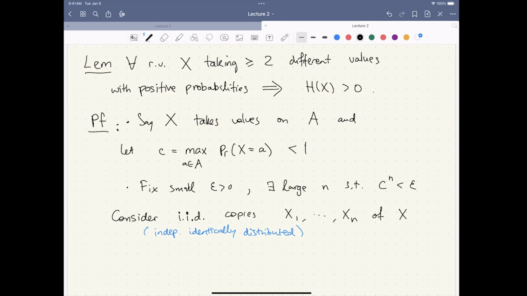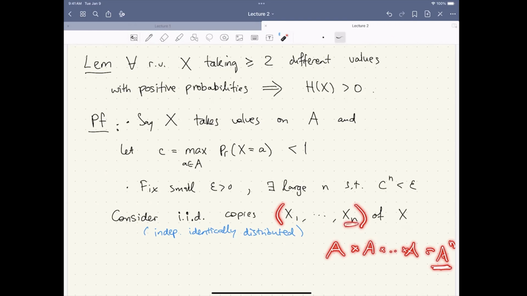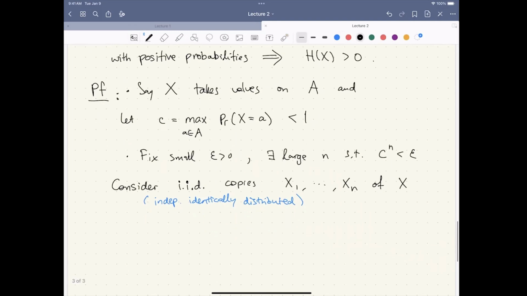So if you consider this random vector X1 to Xn defined now over A cross A cross A, n copies, let's call it A to the n. What's the maximum atom probability here? Since they are independent, each one has the atom probability C. So the atom probability for the whole random vector is C to the n, the maximum.